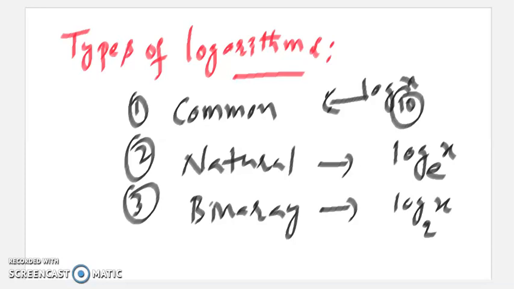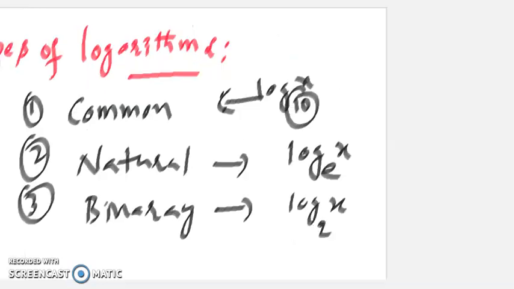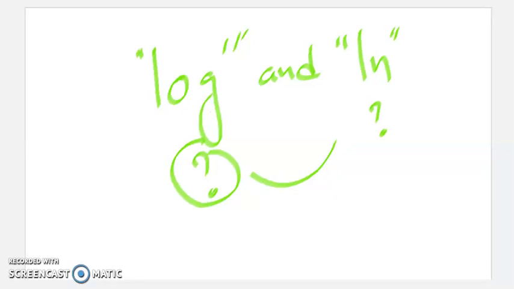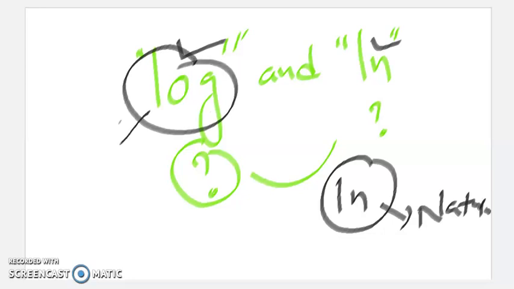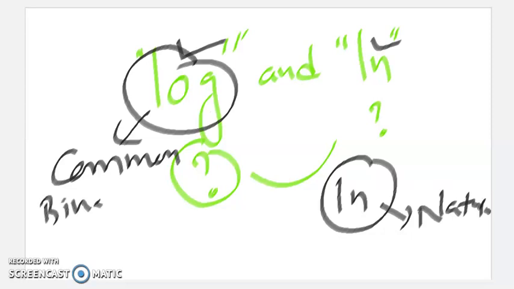So, now we have the answer about these symbols. What are the symbols? Log, ln. Ln is used for natural logarithms, and log can be used for common logarithms or binary logarithms.